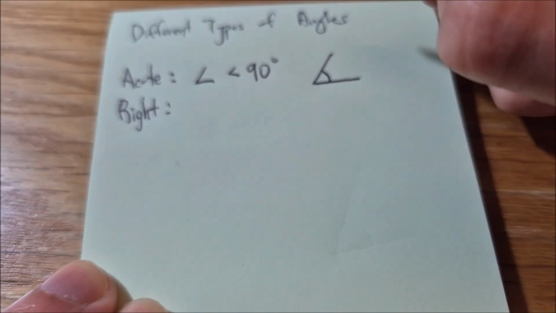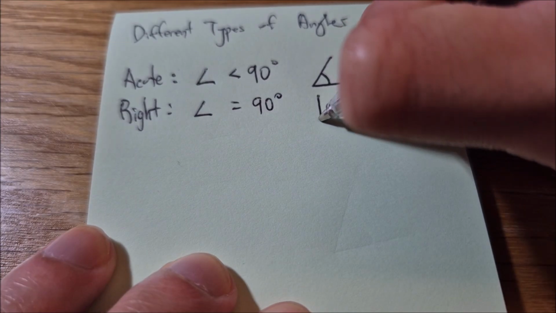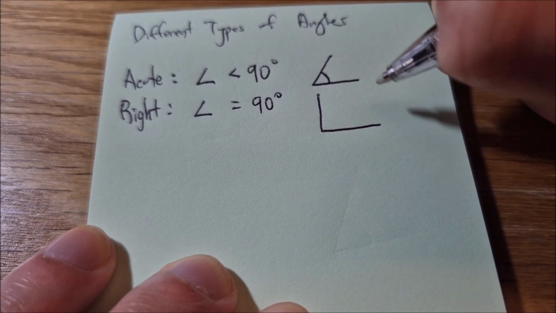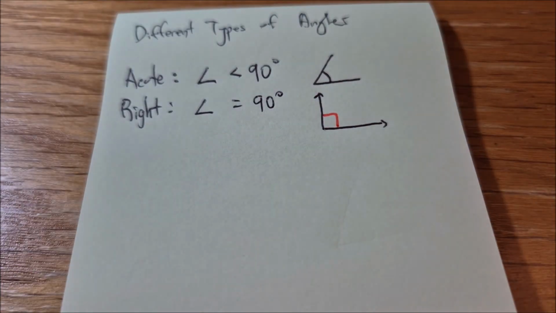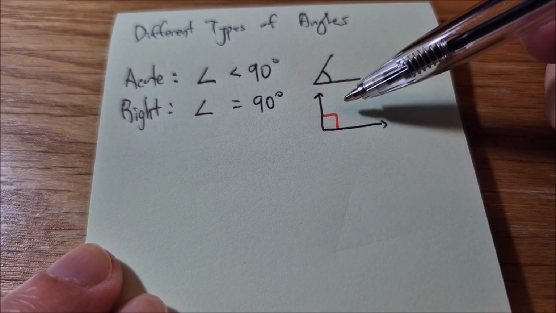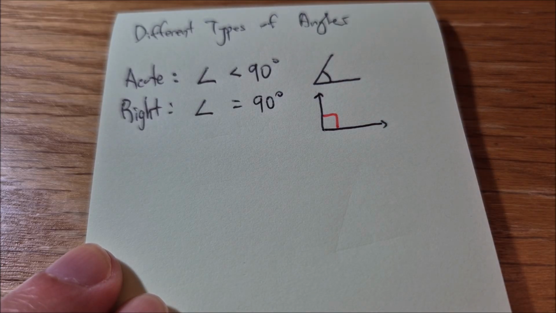And we have the right angle where the angle is 90 degrees and it's drawn like this. This has a special square to denote that the lines are 90 degrees or perpendicular to each other.